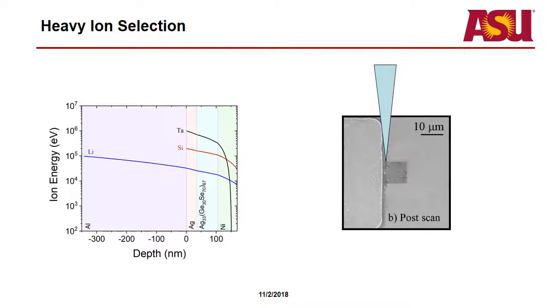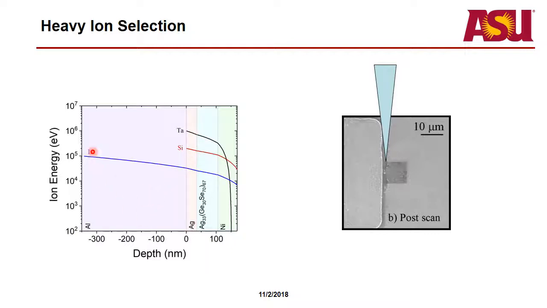This plot on the left shows the expected ranging of the ions through the material. Essentially, we have 3 different ions at 3 different starting energies: lithium at 100 keV, silicon ions at 200 keV, and tantalum ions at 1 MeV.